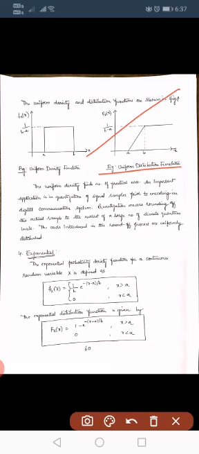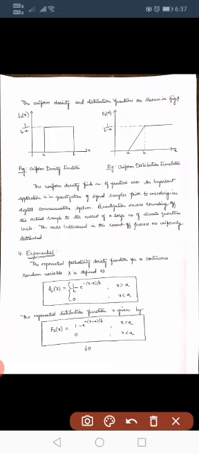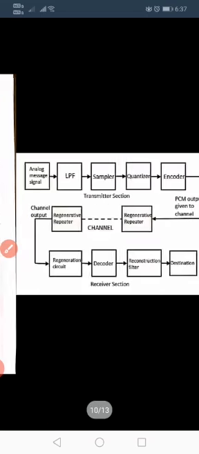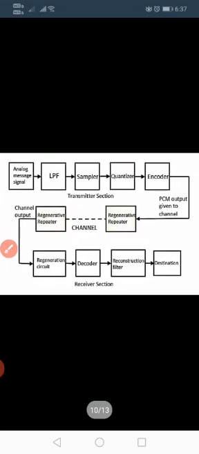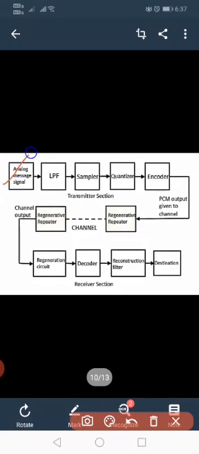Next, another example for the uniform distribution and density is in a digital communication system. In general we use this uniform density function. See, this is the block diagram of a digital communication system. The first block is an analog signal.